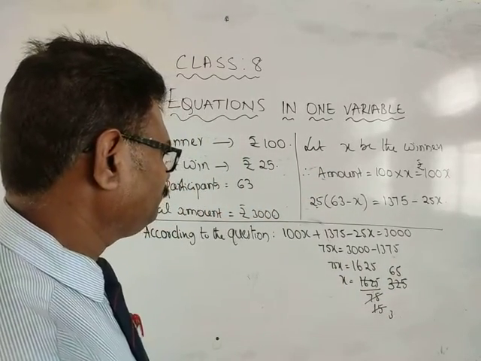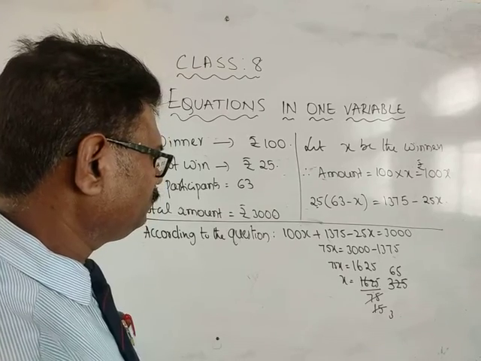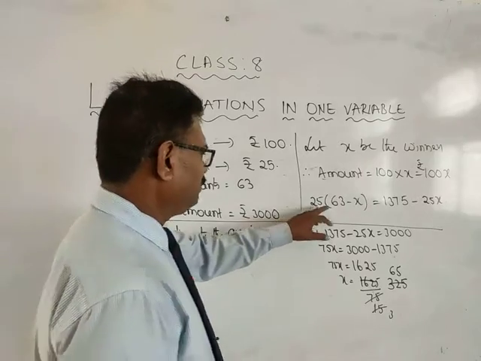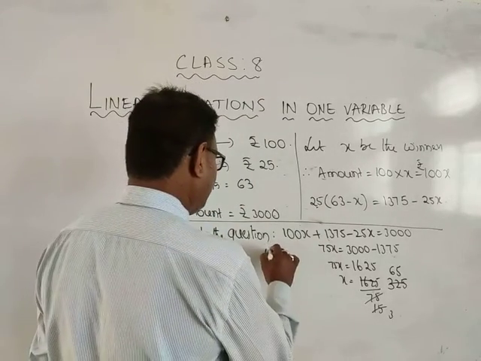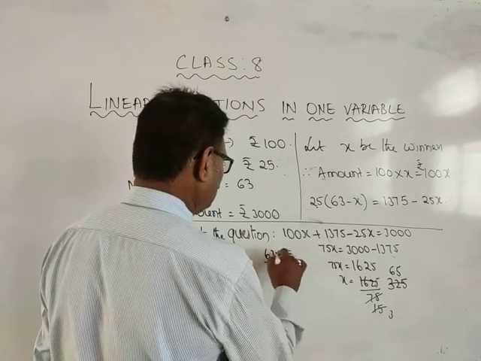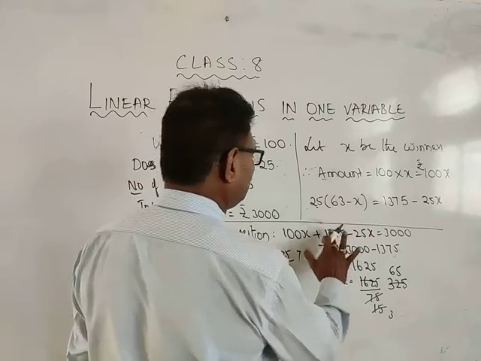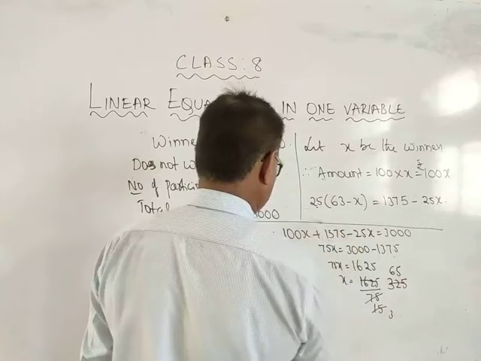Is it correct? Yes. One more time you see. 63 into 25. 25 3s are 75. 25 6s are 150. It is 1575, sorry. Yes.